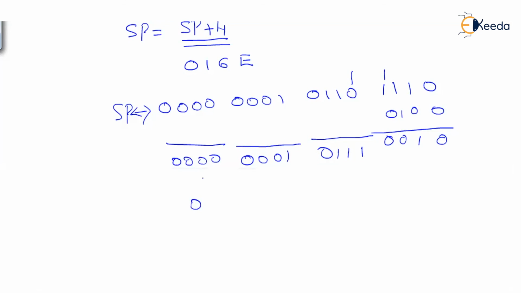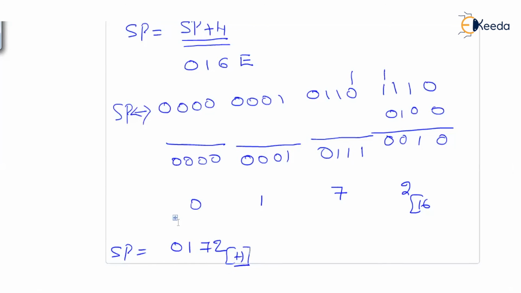The equivalent hexadecimal is 0, 1, 0111 is 7, and 0010 is 2. So SP is equal to 0172 hexadecimal. This is the final answer.